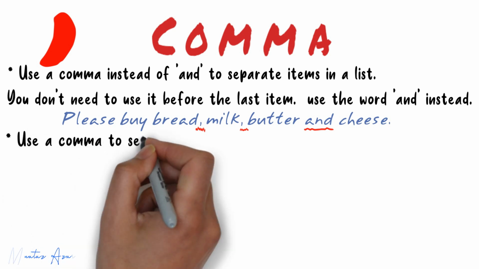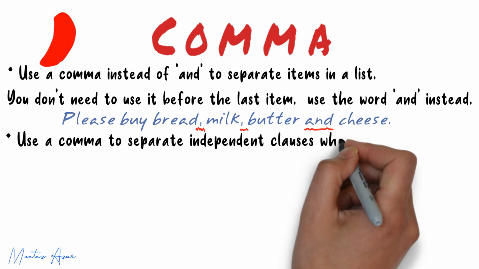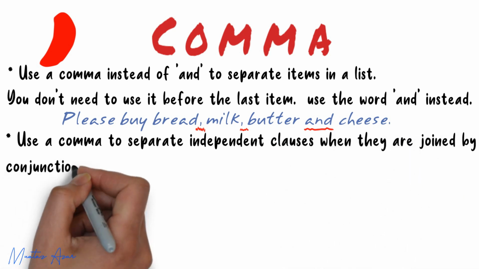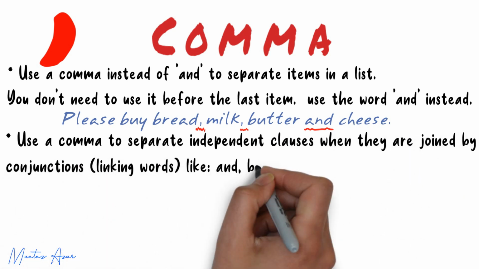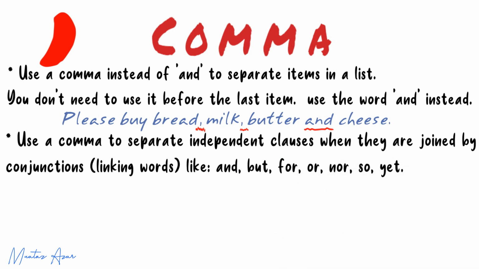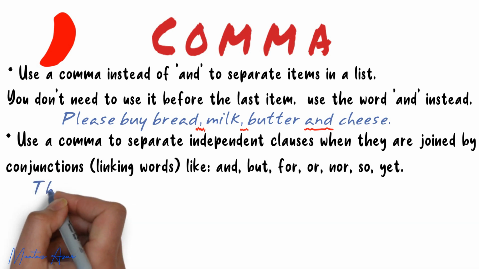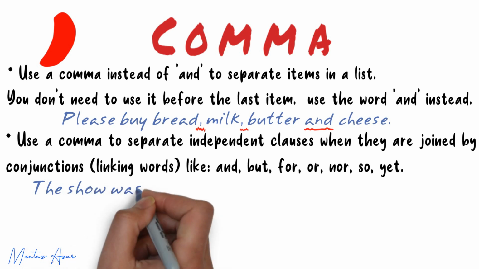Use a comma to separate independent clauses when they are joined by conjunctions or linking words like and, but, for, or, nor, so, yet. An independent clause is a clause that can make sense by itself. Let's look at two independent clauses. The show was over.